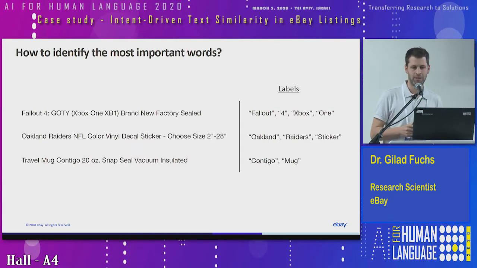And such labels could look something like this. If you have a Fallout 4 game, we wish to have the label as Fallout 4 Xbox One, and someone would tell us that this is the important part. And if we have tons of pairs of titles and labels like that, we can train a supervised model and solve this problem, in theory. However, getting those labels is, of course, not trivial.